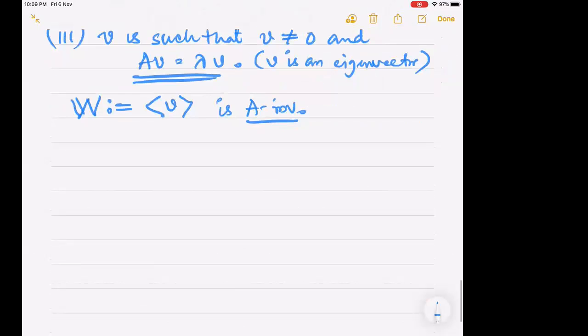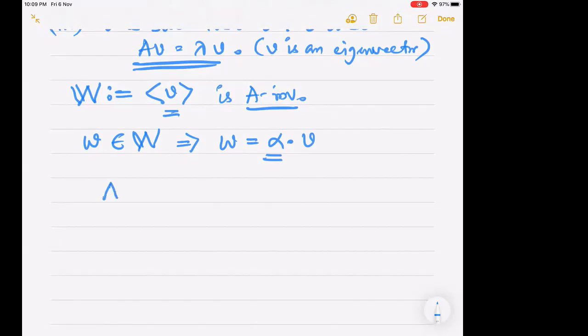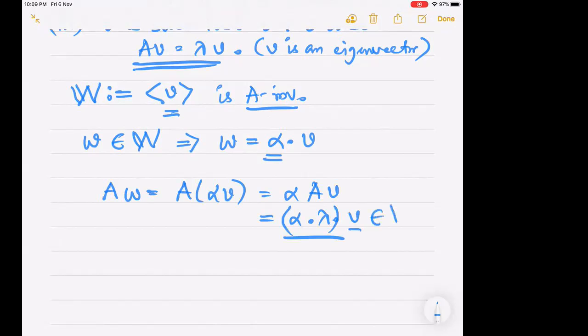Clearly, because suppose I take w in this subspace. It's in the span of v, so w must be equal to some alpha times v, where alpha is a scalar. That is how any vector in the span of v looks. Now, A acting on w is A acting on alpha v, but A is linear, so this is alpha Av, and Av equals lambda v, which is a scalar times v, which is of course once again in the span of v.